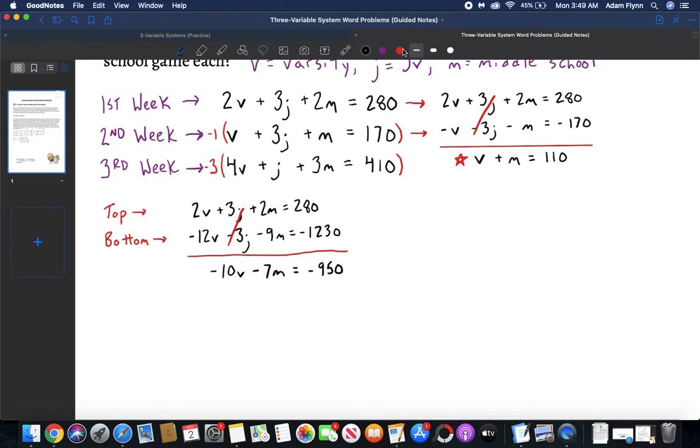Okay, so I'm going to put a star next to this because this is the other equation that's going to create my two variable system. So now I'm just going to take these two equations, stack them on top of one another, and solve this two variable system.